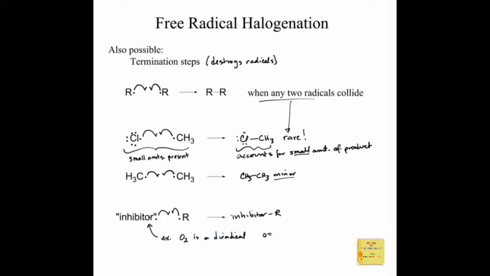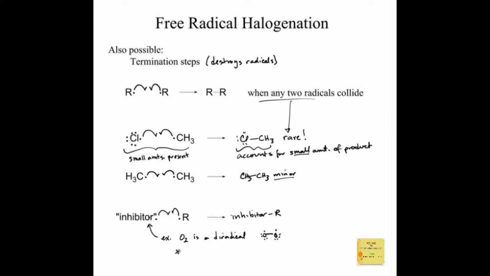The structure of O2 actually has, rather than a double bond, a single bond and two radicals. So oxygen is an example of a molecule that you could have in relatively high concentrations that would be a source of radicals that could scavenge some existing radicals and quench a radical reaction.